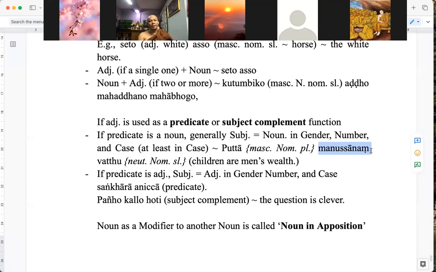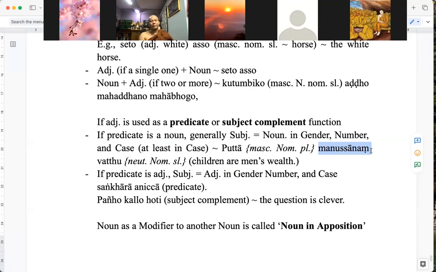Yes, Bante, I would like to know about the verb to be. For to be, previously we studied that the root is as, and we can understand there is or to be when we say asti or santi in singular or plural. Right.